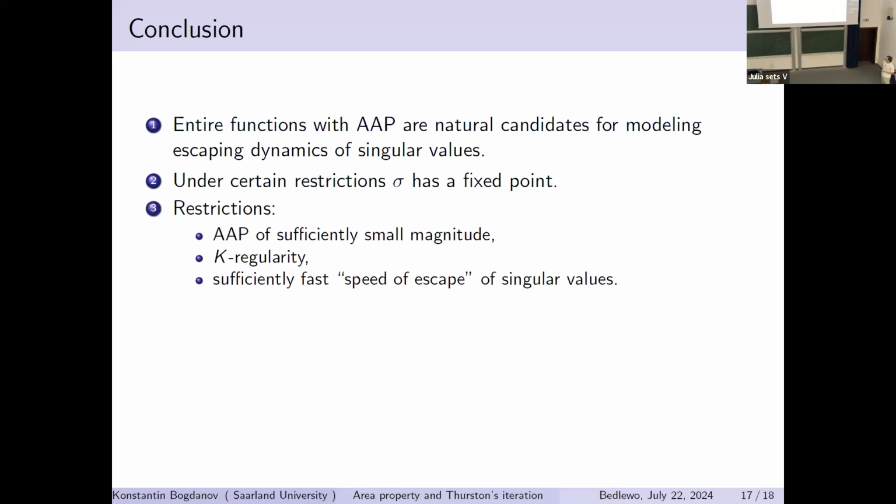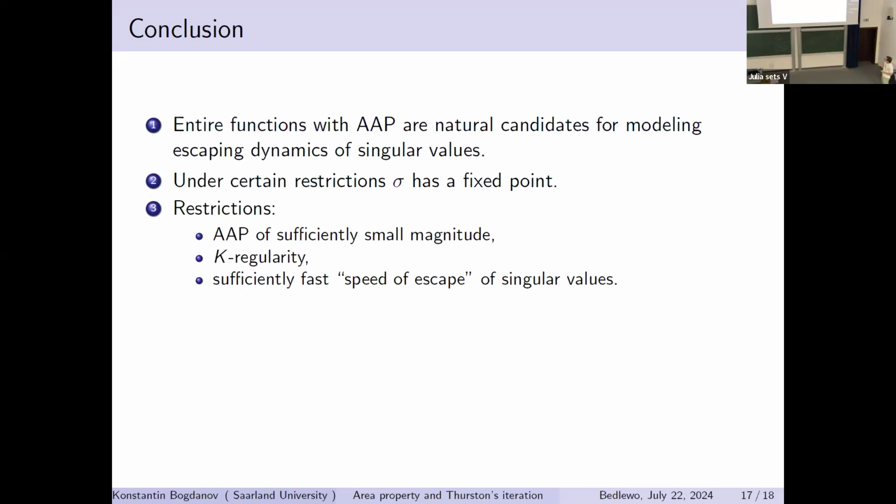Some of these restrictions are the following. There should be an asymptotic area property of sufficiently small magnitude. Then there should be K regularity, which in a way says that our tracts are not too wiggly, not too thin, not too degenerate in some sense.